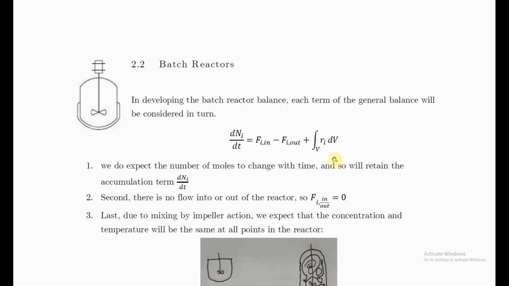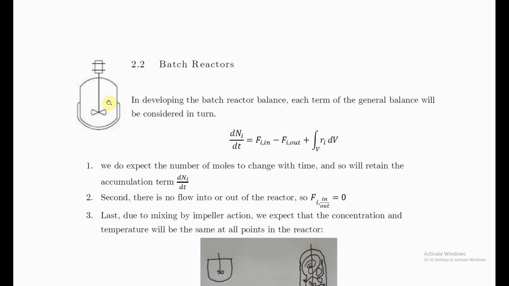So now we've got this general framework which works for everything. Now let's think about how this equation would change under these conditions. So first of all, let's think about this term, the total number of moles of component I. This is a balance specifically on the ith component in the reactor.